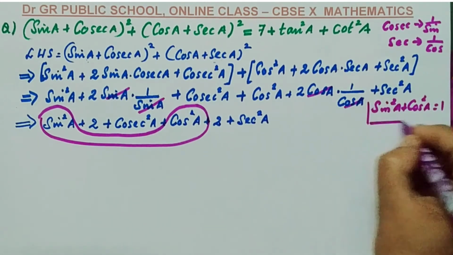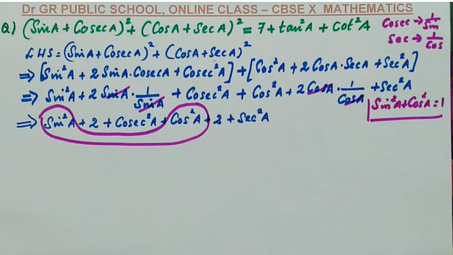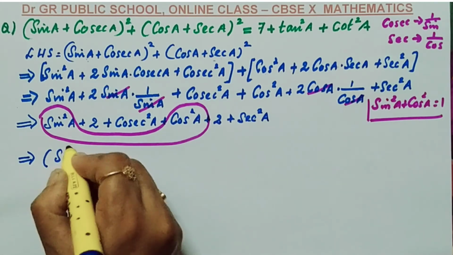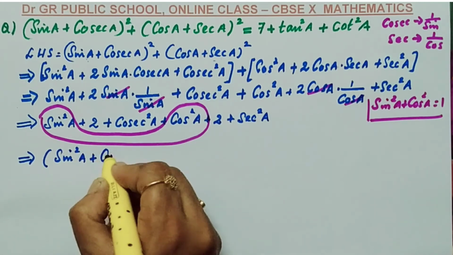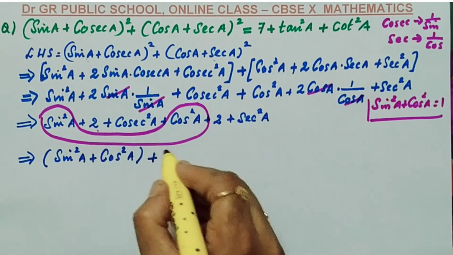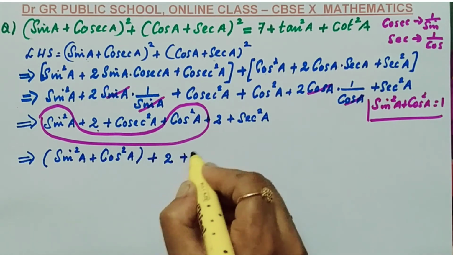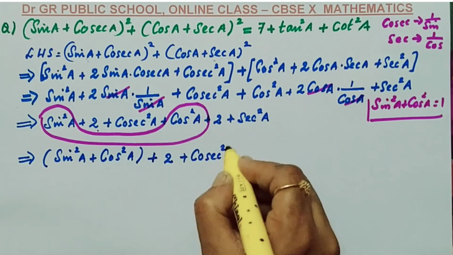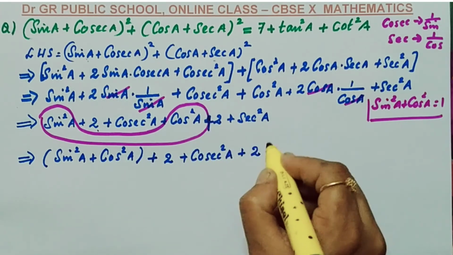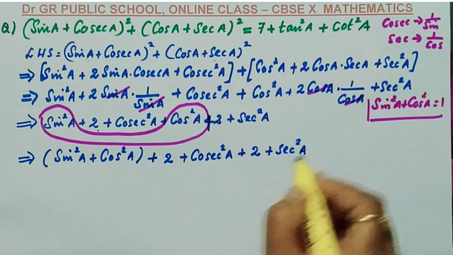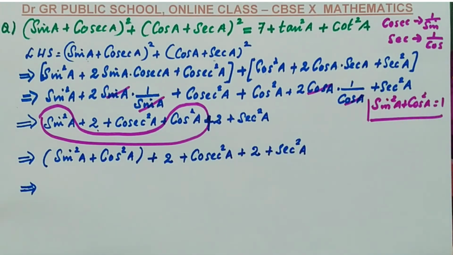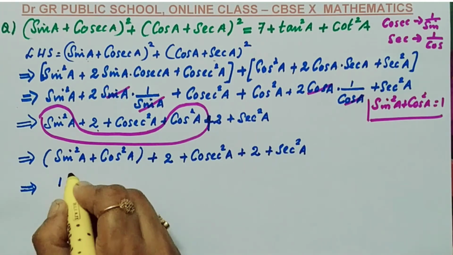This identity I am going to apply here, which implies sin square A and cos square A I am going to write in one bracket, plus 2 plus cosec square A plus again 2 plus sec square A. This much remains, which implies sin square A plus cos square A can be replaced with 1. So 1 plus this bracket is 1.